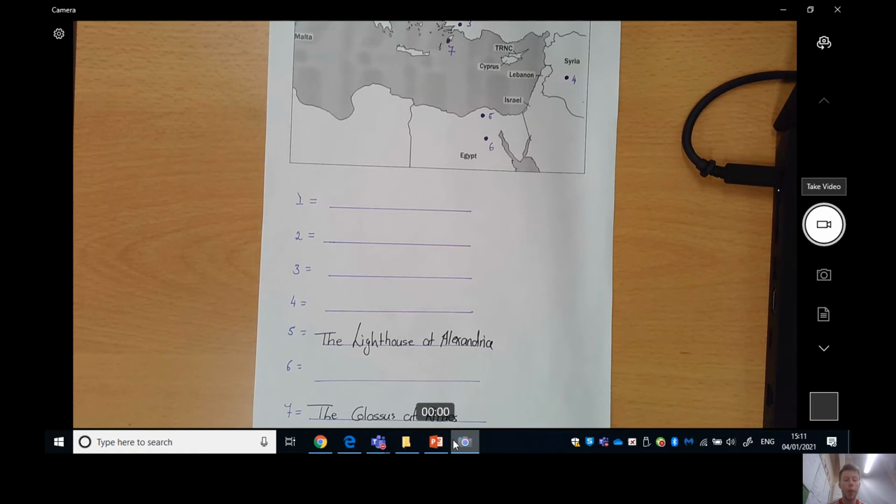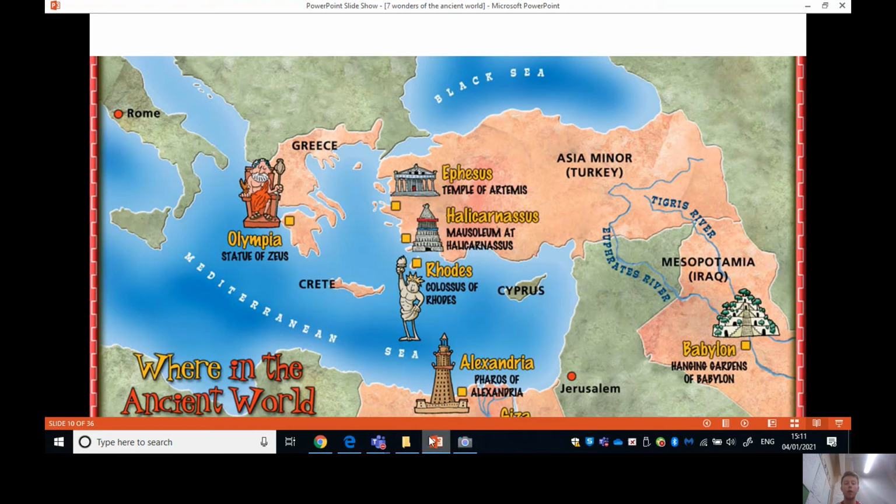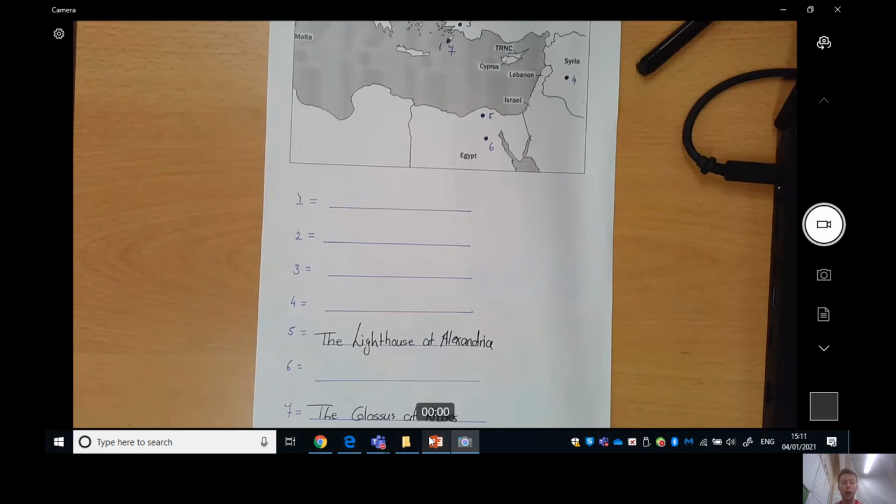So your task now is to go and try and complete this worksheet. I've done 2 for you, and your task now is to do the remaining 5. If you need to pause or stop the video or rewind the video to go back to the map, then of course you are welcome to, and to check your answers at the end. I will also upload the answers, which will be available on the home learning sheet, so you can check your work and tick or fix at the end of the lesson.